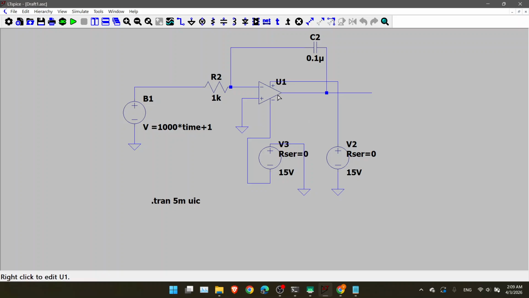So this is plus 15 and this is minus 15. Here we have the input voltage. I already set some kind of a time-based function here. I have a capacitor and a resistor here, it's 1K. So let's run the simulation to see what's happening.